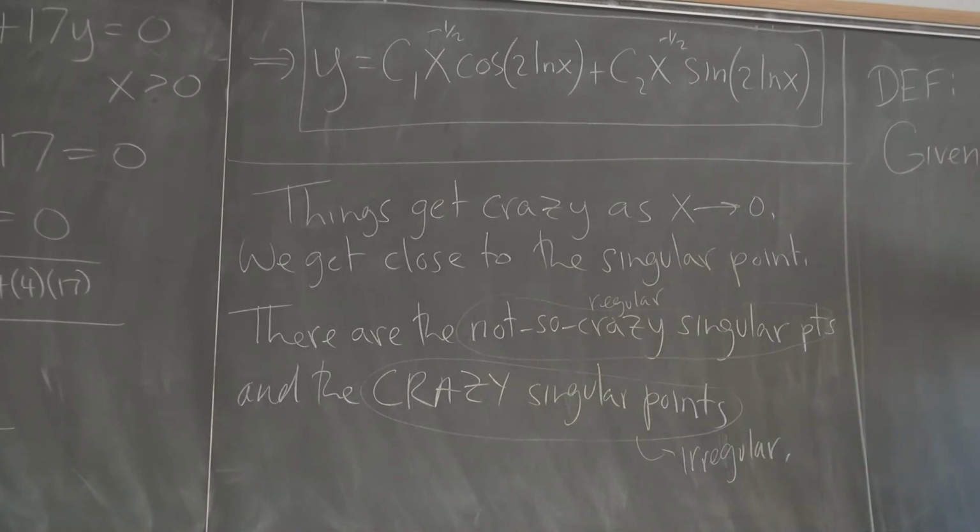Given p of x, y double prime plus q of x, y prime plus r of x, y equals 0, in standard form.